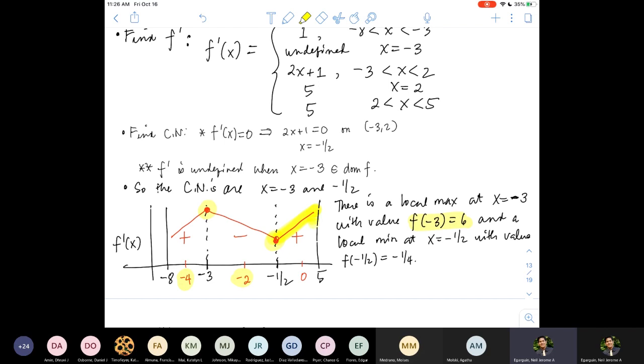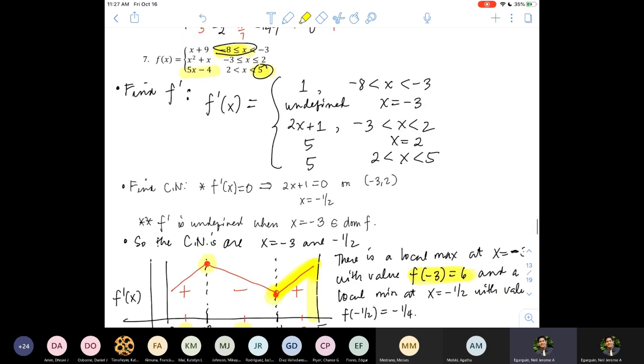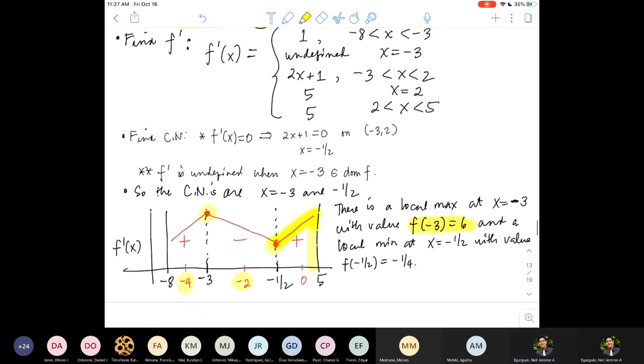So the function values here near 5 would also be close to 21. But the function value at the critical number is only 6. So therefore, there are larger numbers here than 6. So that means the global maximum is not 6. And actually, there's no global maximum because the graph will go on until it reaches 21.